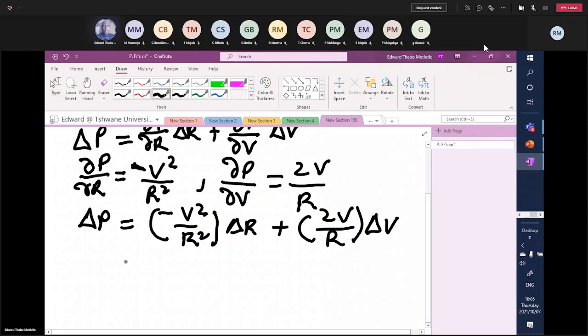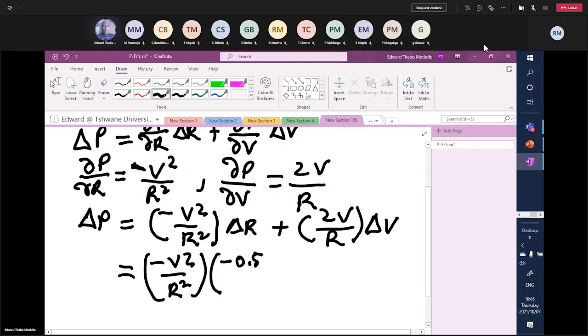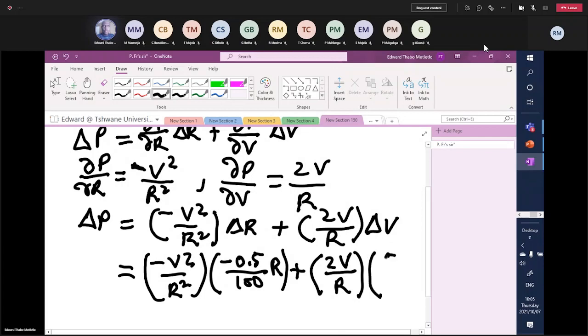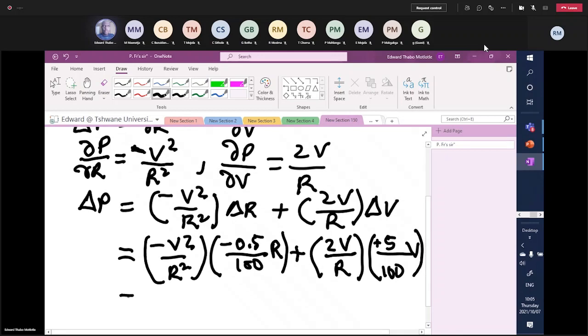So I have minus V squared over R squared, and the change in R is minus because it's a decrease, so minus 0.5 over 100 of R, plus 2V over R, and our change in V is an increase of 5%, so 5 is positive, 5 over 100 of V. Now, if we look at this equation, negative and negative is positive.